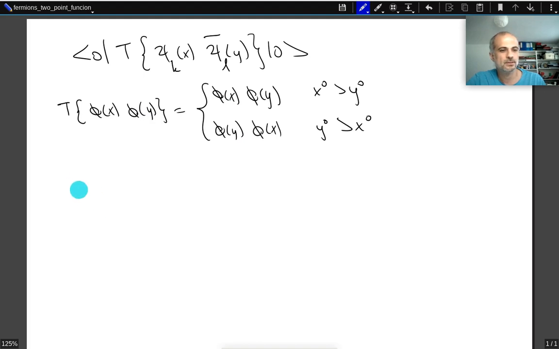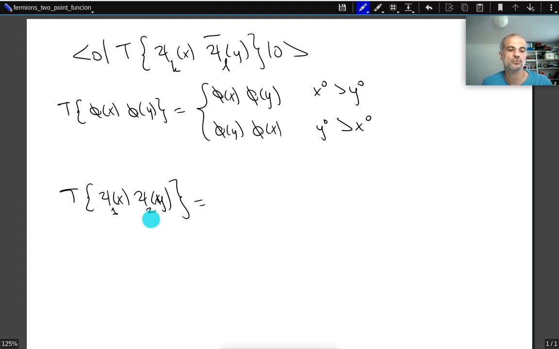Now, in the case of the fermions, let's take two fermionic fields, x and y, psi1 and psi2. They can be any component of the Dirac field or the conjugate field, etc. It doesn't really matter. This is defined, again, similar to the scalar case, but this time the time ordering operator tells us that we should change the order of the operators using anti-commutation relations, setting the anti-commutation to 0 within the time ordering operator.